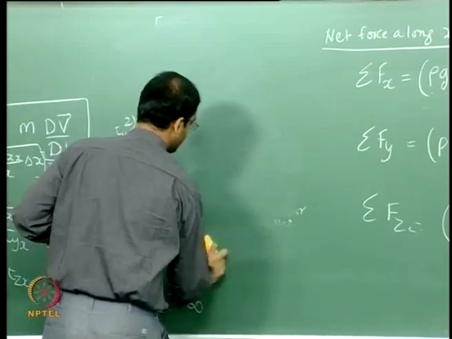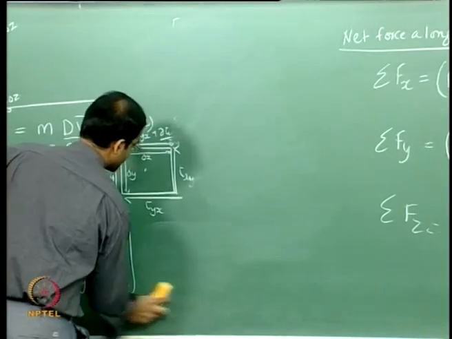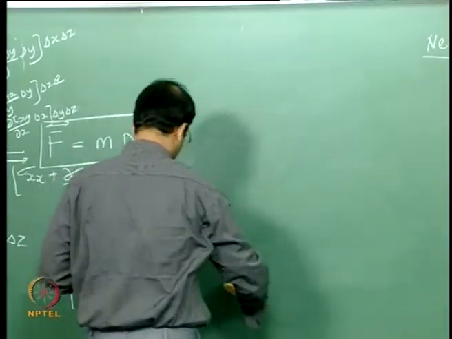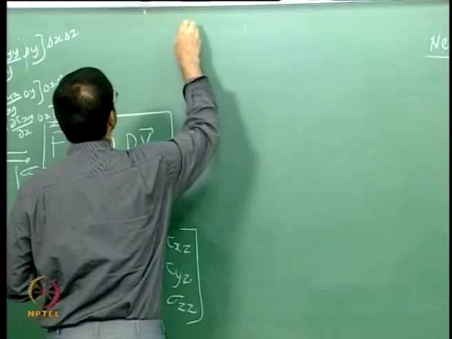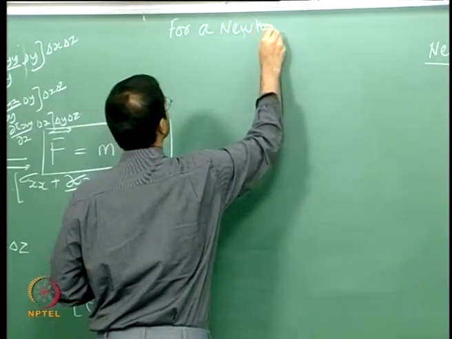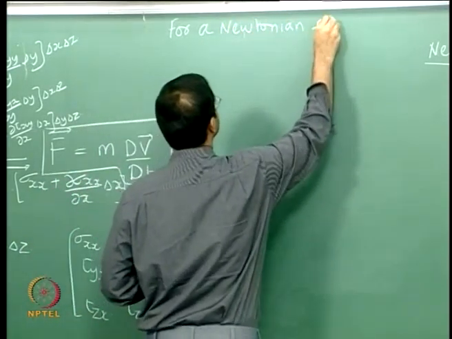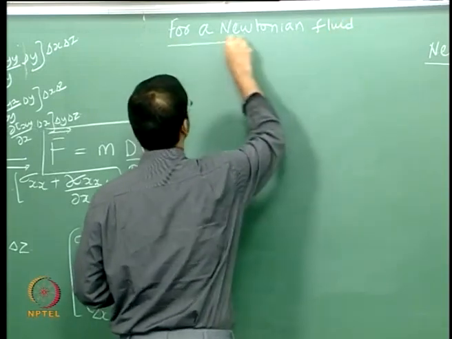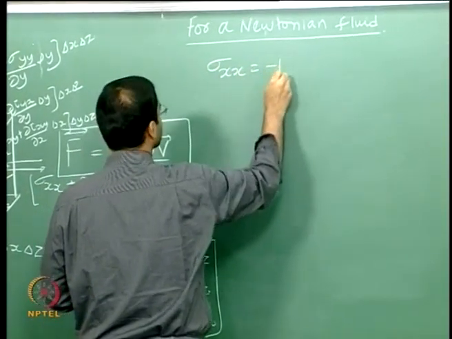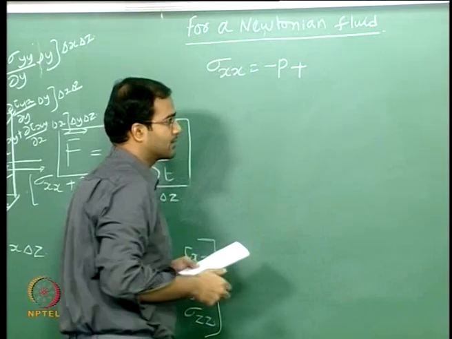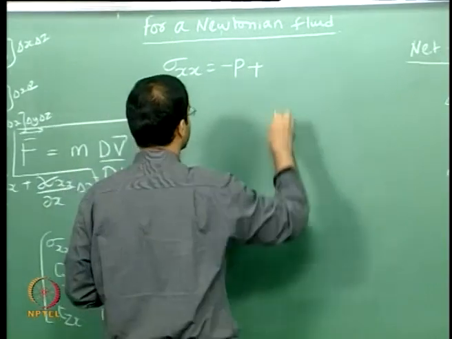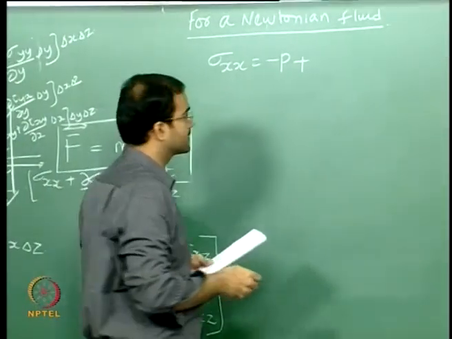we have to write down the relation between the stresses and the corresponding strain rates. These are given for a Newtonian fluid in the following manner. So your normal stress sigma xx, you can write as your pressure plus your normal viscous stress, that is your tau xx, which is written in terms of two coefficients of viscosity.